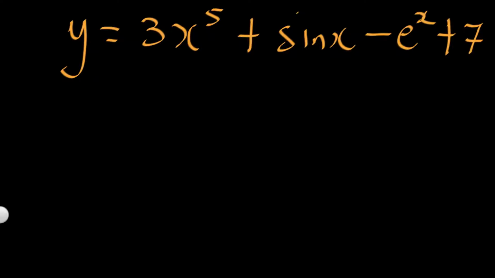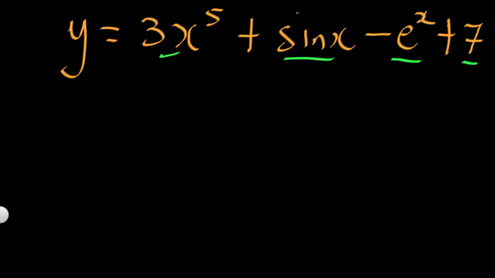We have 4 terms: term number 1, term number 2, term number 3, term number 4, all separated by a plus or a minus, which means it's either a sum or a difference. The applicable rule in this case is the sum and difference rule.